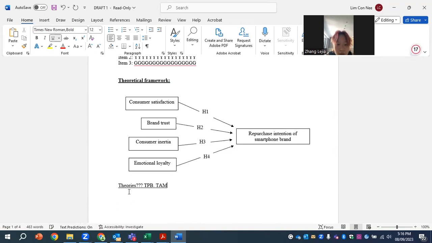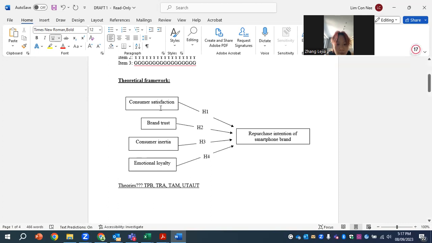It could be TAM, technology acceptance model. We have TRA, theory of reasoned action. We have UTAUT. We have a few theories here.